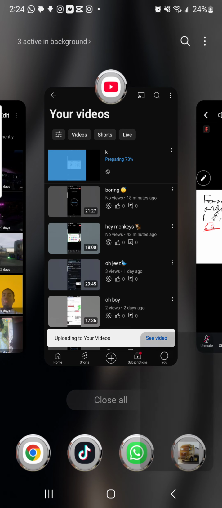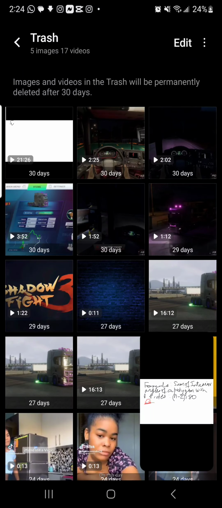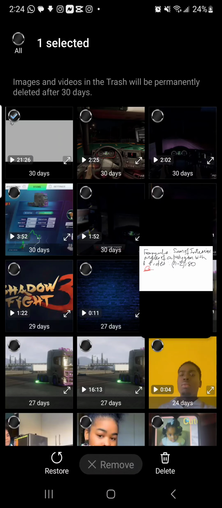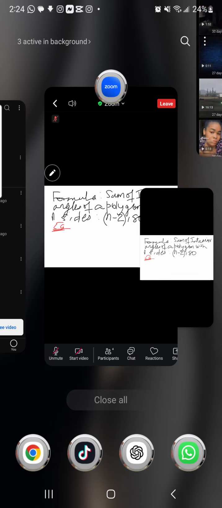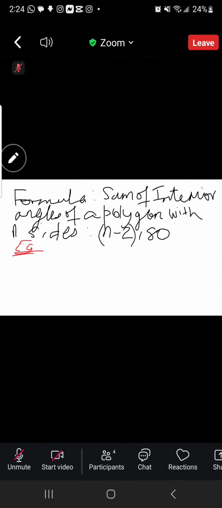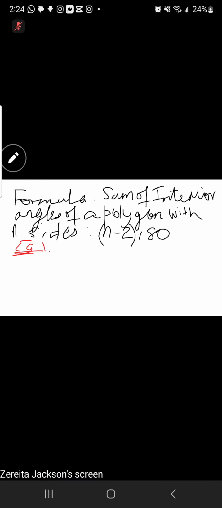If you are given a polygon, write this down for me now. Example.